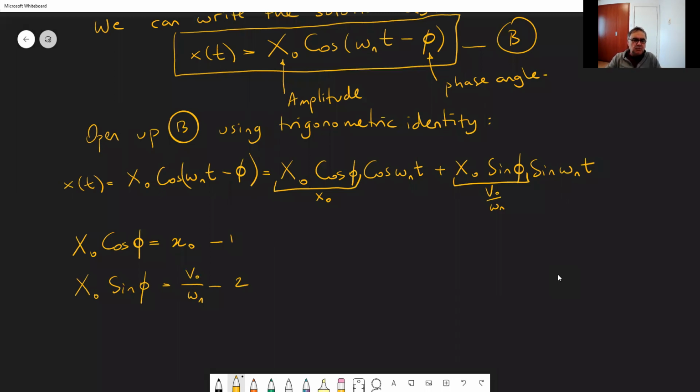Now we want to solve for x0 and phi. How do we do it? First of all, let's say this is 1 and this is 2. If you divide 2 by 1, you are going to get tangent phi.